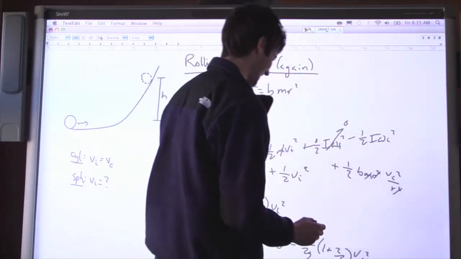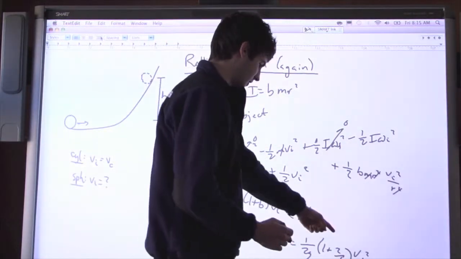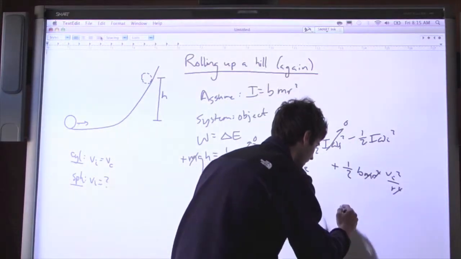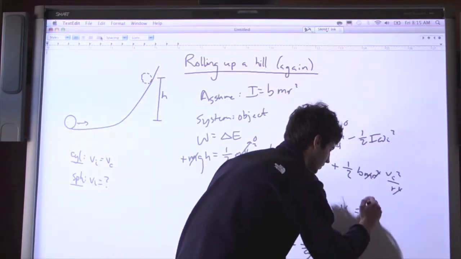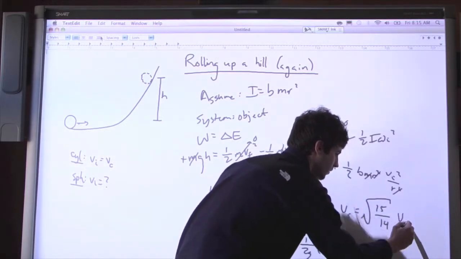And then, at long last, if I solve this with some algebra and try to get vs in terms of vc, then I'll end up with vs equals the square root of 15 over 14 v cylinder.